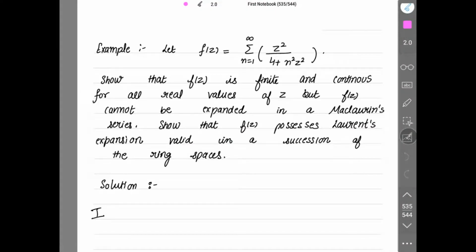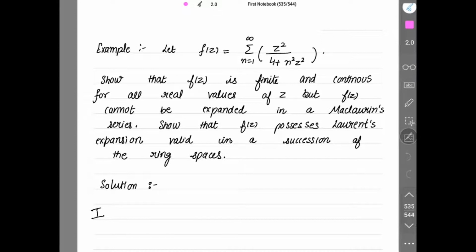So the example: let f(z) be equal to the infinite sum of z square over 4 plus n square z square. First, show that the function is finite and, second, continuous for all real values of z.